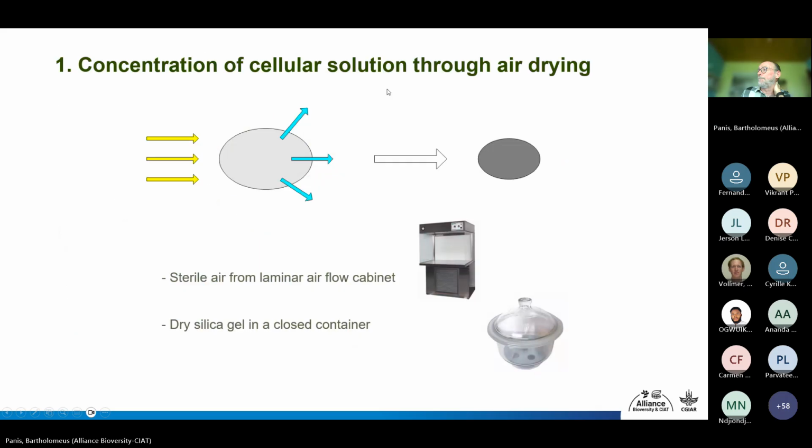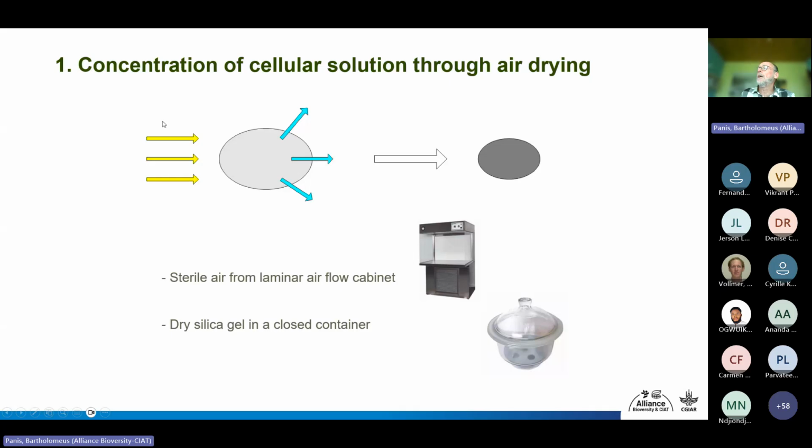So the first requirement, concentration of cellular solution. How can you do that? One way is to use just air drying, evaporation. Suppose you have a hypothetical cell, you expose it to air, water is leaving the cells, is evaporating. The result is a concentrated cell or concentrated tissue that, when you plunge it into liquid nitrogen, fast cooling, you avoid the formation of ice crystals.